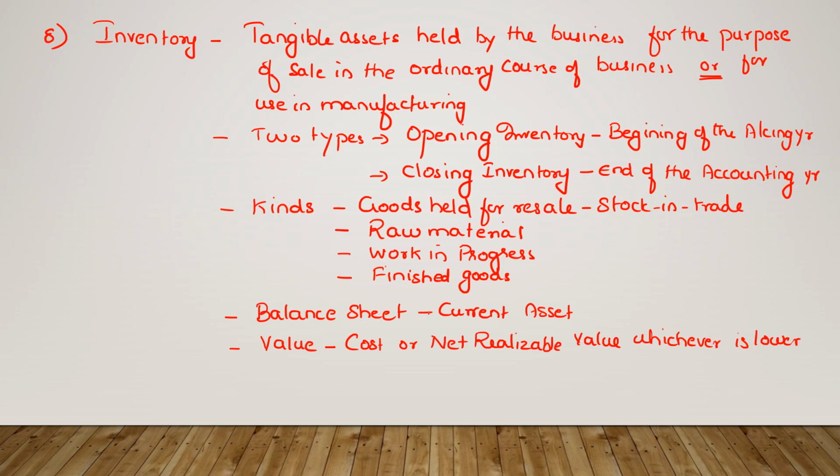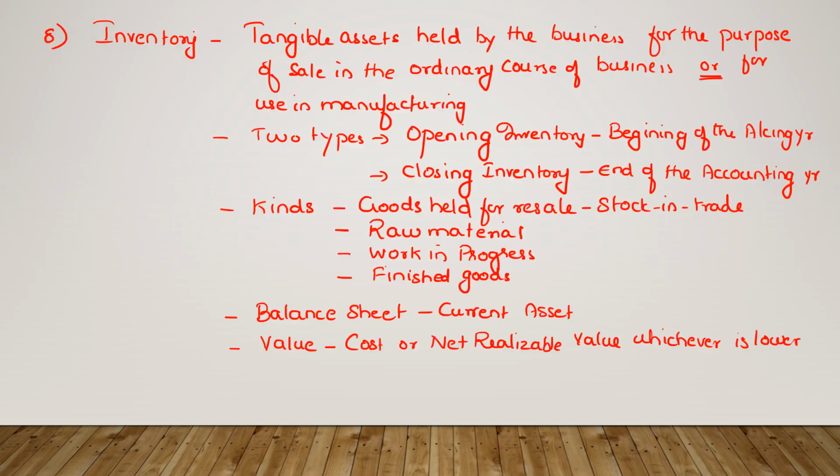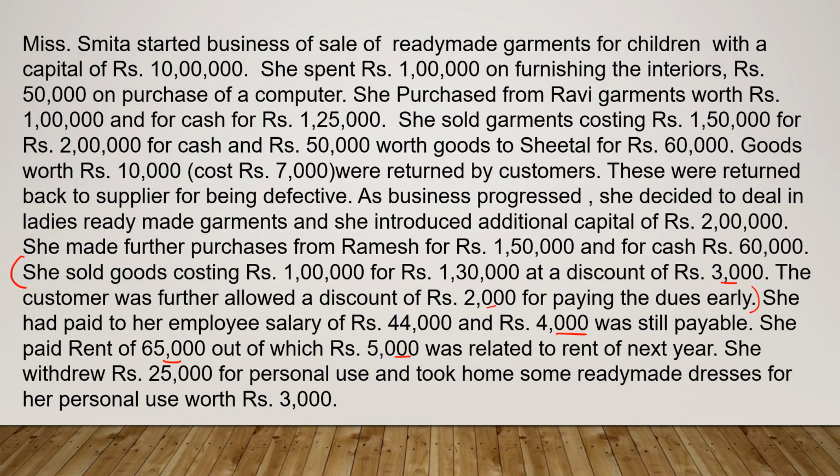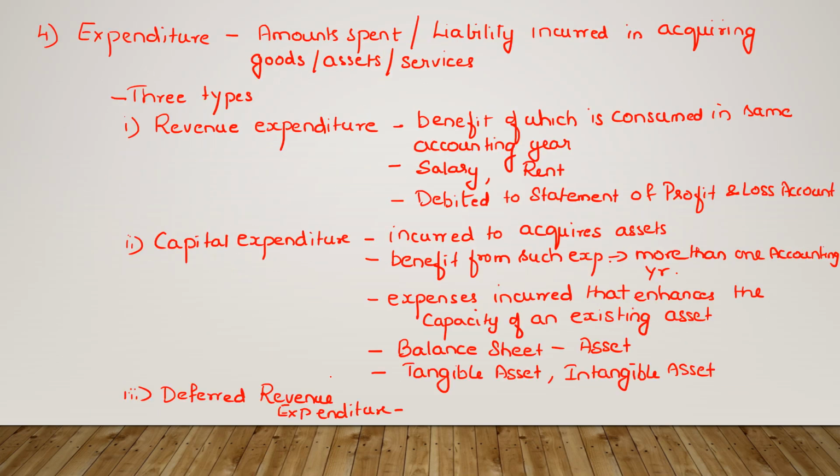Now moving further, we'll go to the next accounting term, that is drawings. In our example, going back to it, we saw that she withdrew rupees 25,000 for personal use and took home some ready-made dresses for her personal use worth 3,000. So this is called drawings.